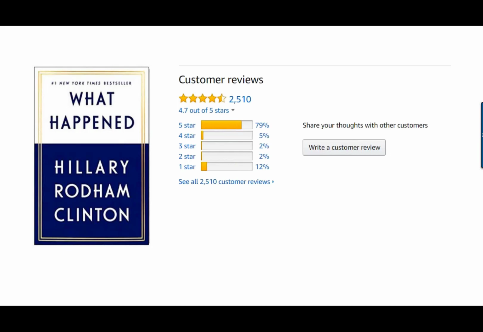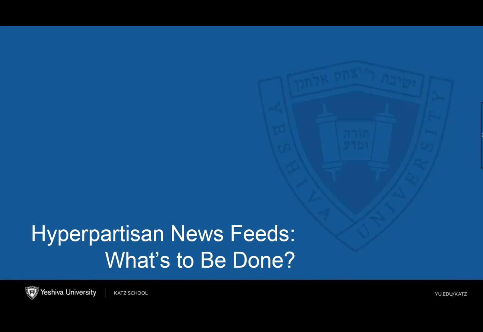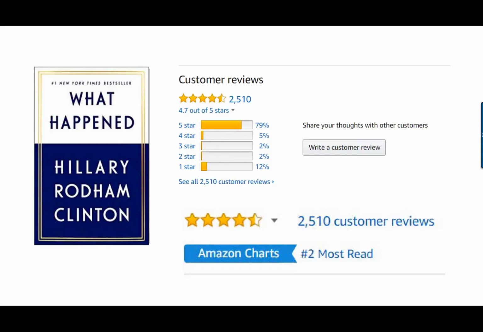Here's a recent book that a lot of people have read. It's the second most read item on Amazon right now. And this is just an example of if you are writing in a hyper-partisan style, or you're a late-night liberal comedian, or you're Fox and Friends, your viewership goes up if you take a more extreme view.